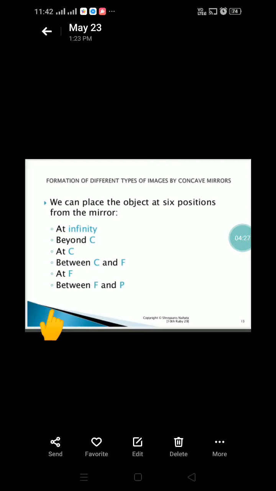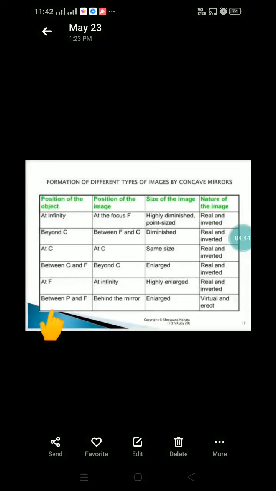Hence 22 means we are placed between F and C. Like this, we can place at 6 different positions. Now we are discussing each case separately. I already told you that depending upon the position of the object, the position and properties of the images are different. First, we are studying each case separately.